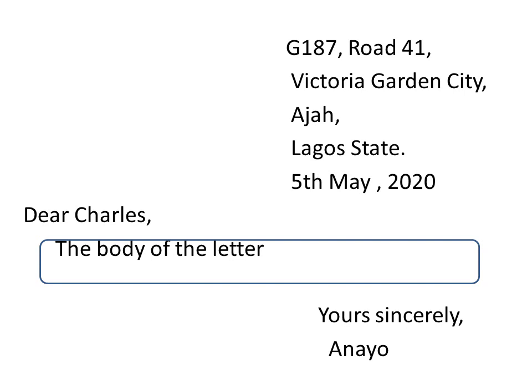Okay, so you can see that from the G, the house number, to the V in Victoria Garden City, they are on the same line. So it's not slanting. That's why it's called block. And then you have L under Ajah. And the date 5th is under L. So everything is straight.